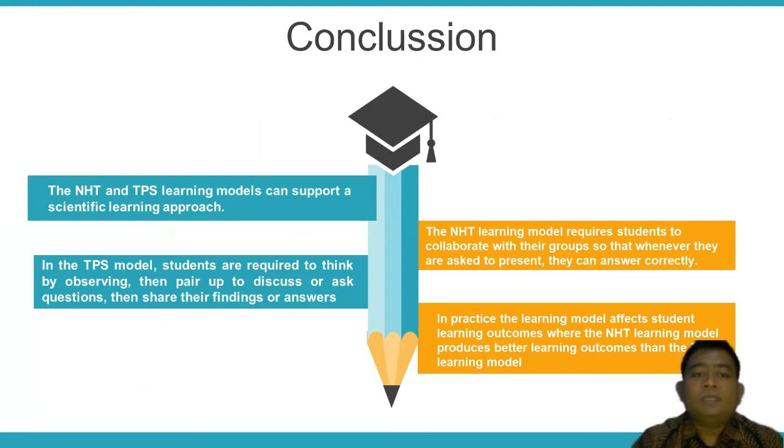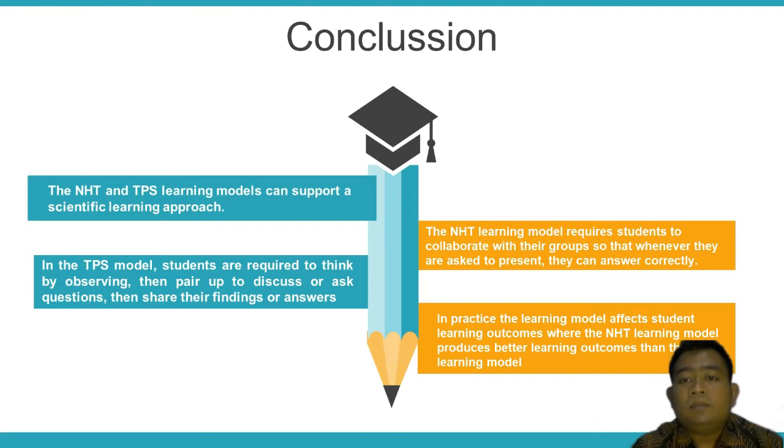And finally, the conclusion about my article is learning is expected to be done meaningfully in which each student can construct his or her knowledge. The scientific learning approach is one way for students to experience, observe, and summarize the material they learn for themselves to construct their knowledge.